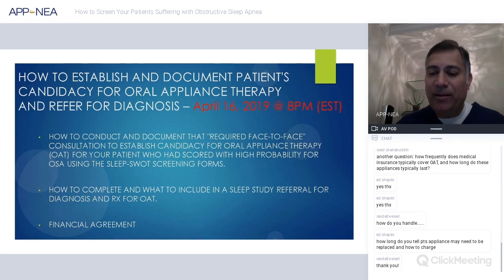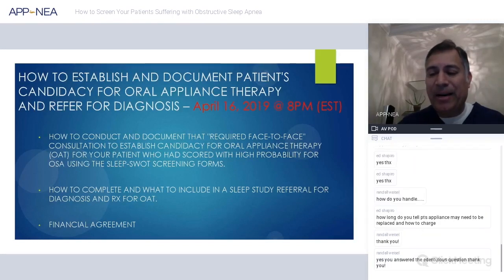But for the most part, let the patients know that there is no set standard as to how long an appliance typically lasts. It all depends on how well they care for it. If they abuse it, it won't last as long. If they take good care of it, that means brush it and store it in a nice dry place and not let mold grow all over it, then yes, it will last a long time.